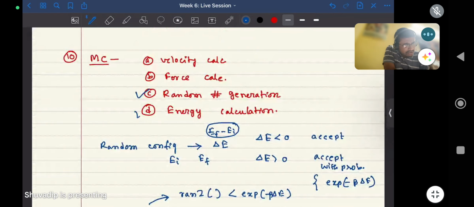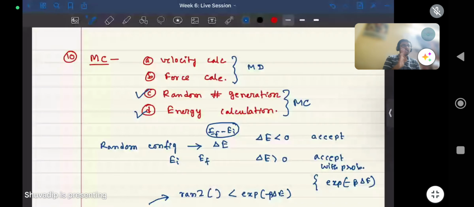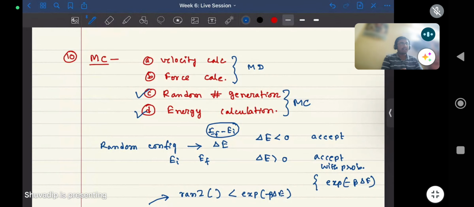So these two are for MC. On the other hand, force and velocity calculation will be important in MD, because you have the information about all the interactions between the molecules. So you can calculate the force acting on the molecules, using the equation that we will discuss later.